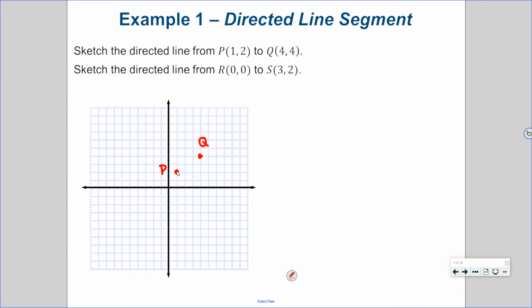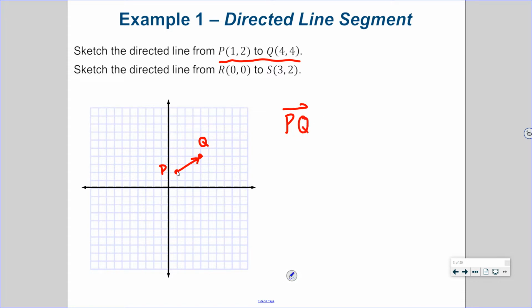The directed line segment would mean I start here at P, go from P to Q, and draw an arrow like that. This is technically on a graph called a directed line segment, and it's just one version of a vector. So we'll build our way there. But that's technically a directed line segment from P to Q. So we could call that vector PQ, like that.